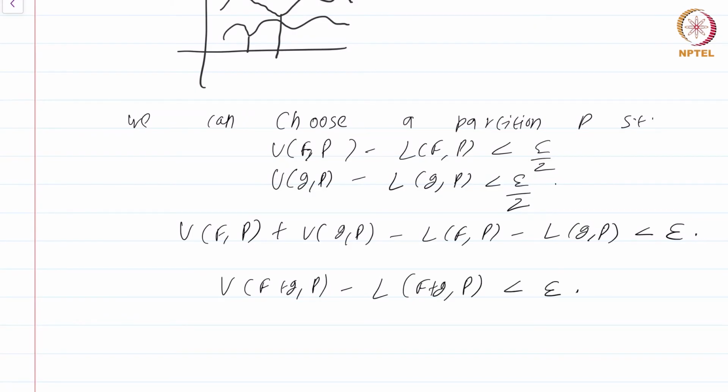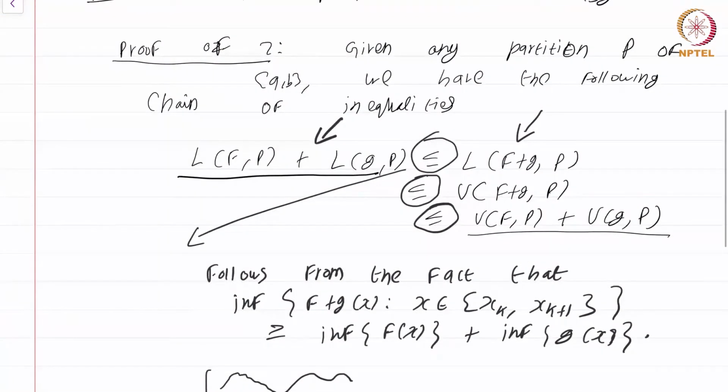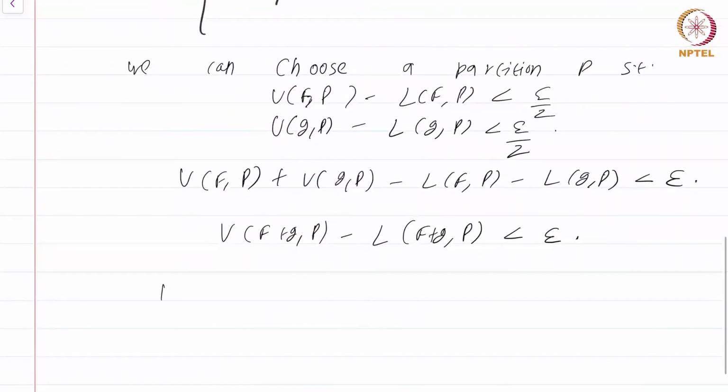Because this inequality is true for the left and right extremes, it has to be true for anything that is sandwiched in between as well. Okay, so this shows that the function f plus g is Riemann integrable.